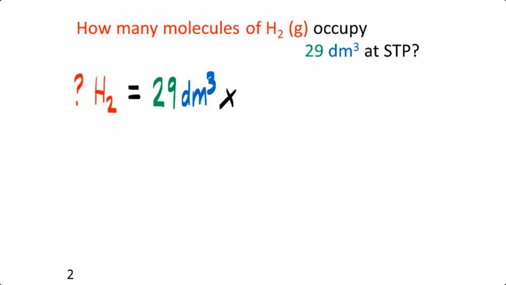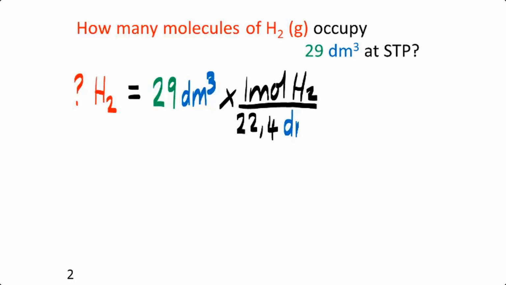I'm going to do it in 2 steps. If you can do it in 1, that's very good. We know that 1 mole of hydrogen gas, or any gas, occupies a volume of 22,4 decimeters cubed at STP. So that gets rid of decimeters cubed, but it introduces a unit, mole H2, which we didn't want. Mole H2 is not the same as H2.